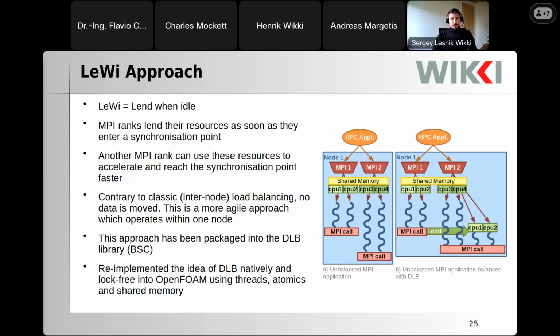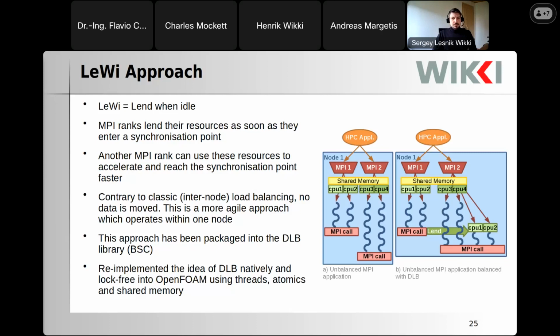So you use resources on the same core, on the same CPU, and you make some communication between the MPI ranks. So contrary to what I described before, the classical load balancing, there is no data being moved. So this is much more agile and can be used to level on a much lower granularity.